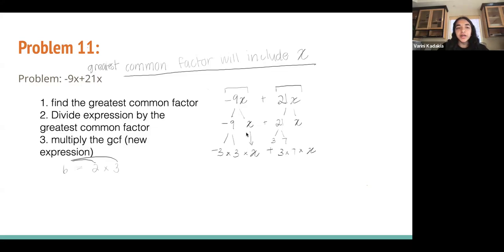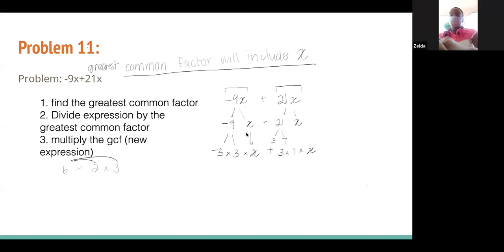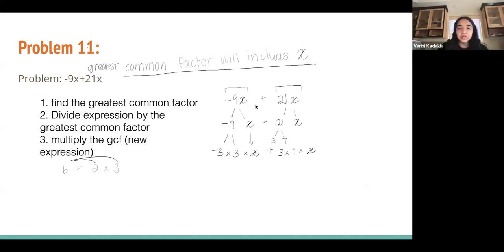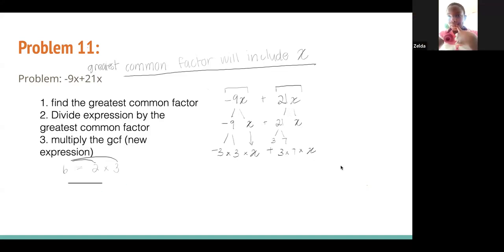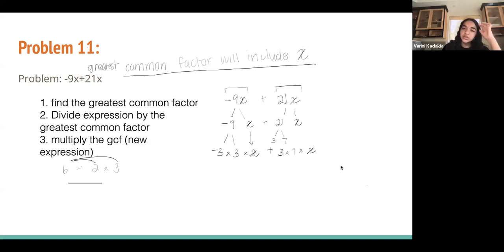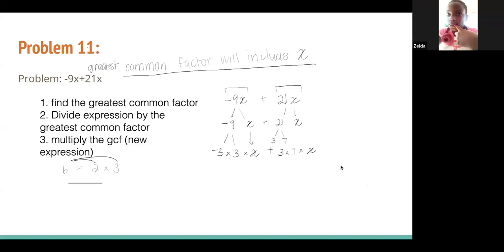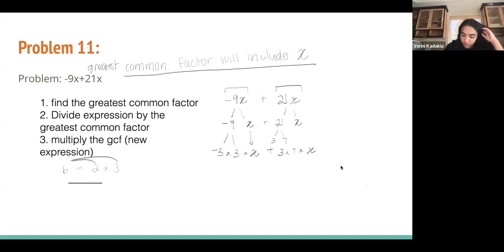So you're just trying to factor these numbers such that you can pull numbers out of them to get a simpler expression. So I guess one way to think about it is to ignore the x.